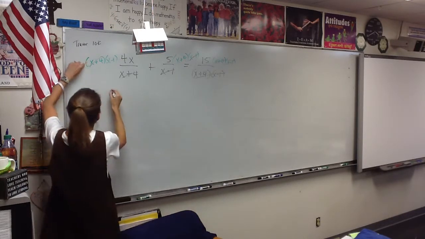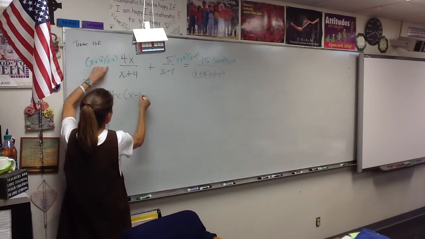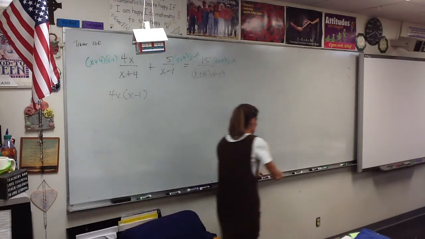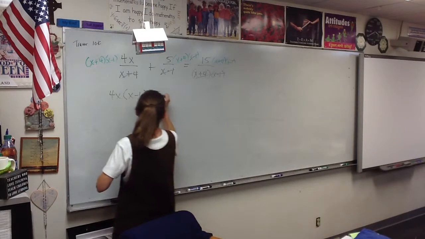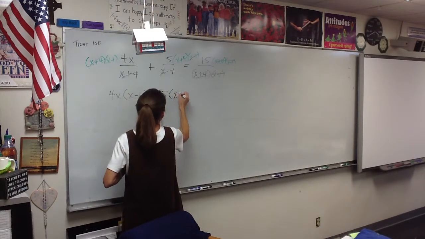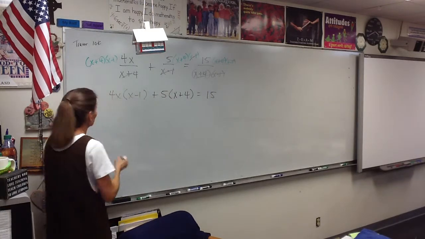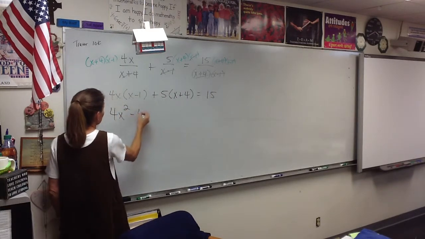So we are left with 4x times x minus 1, plus 5 times x plus 4 equals 15. So 4x squared minus 4x.